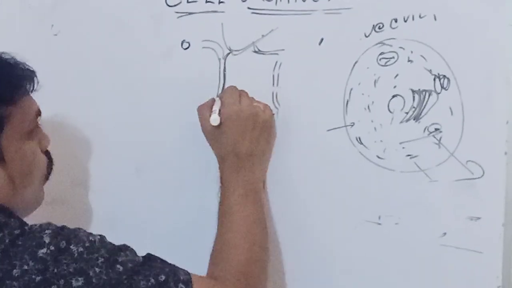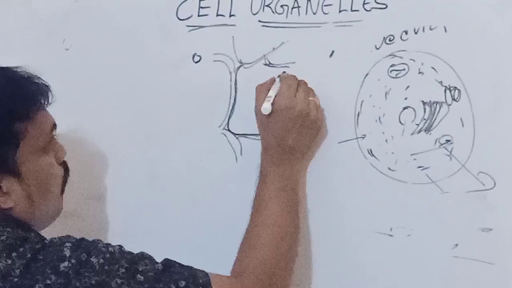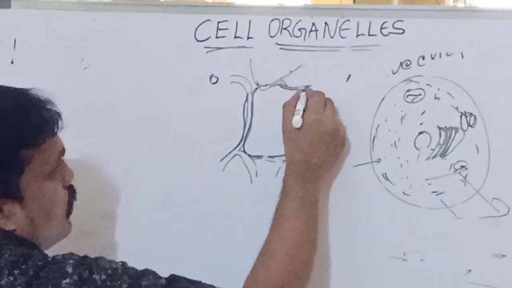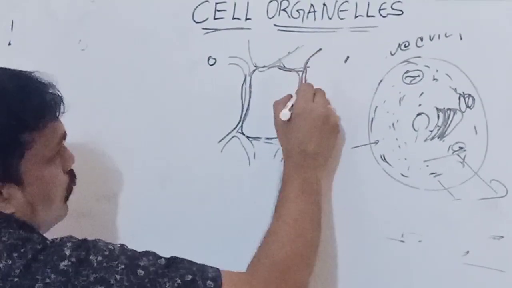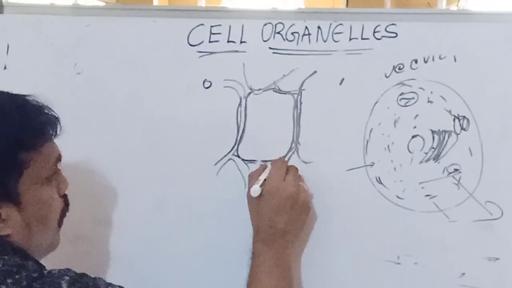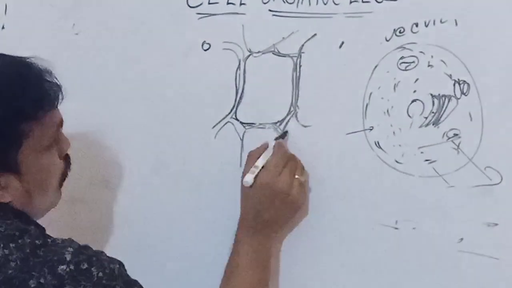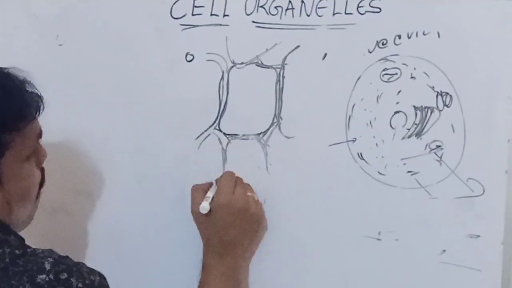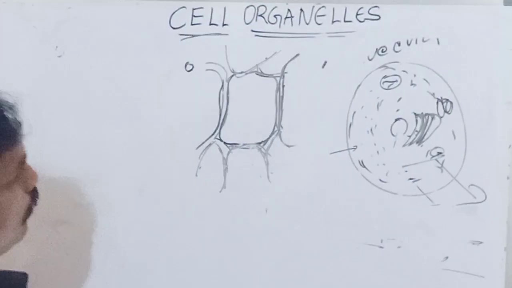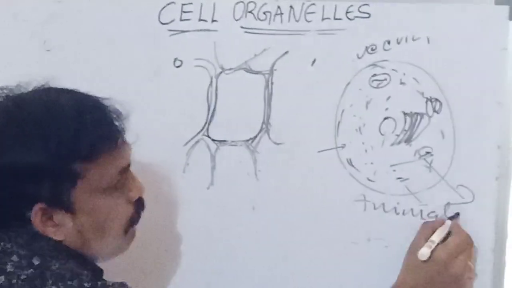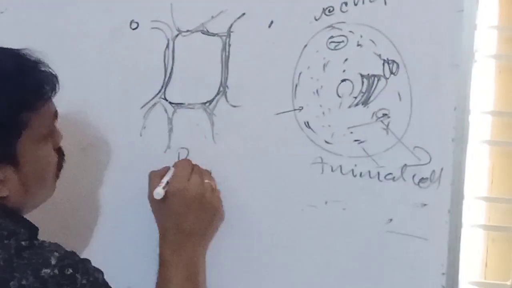For example, this is an animal cell, and this one is a plant cell.